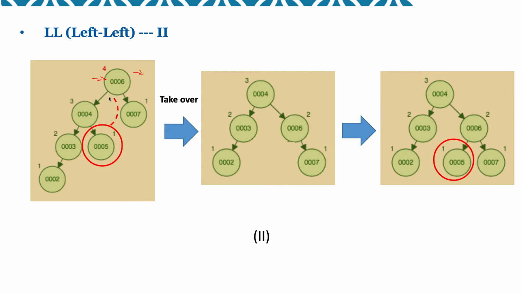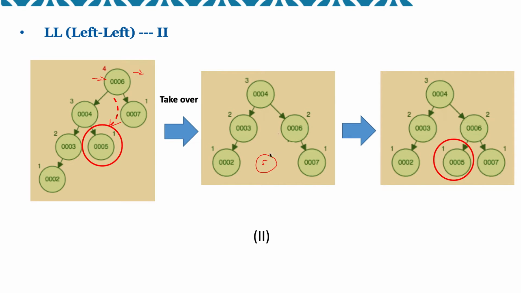The number 6 node should move to the number 5 node's position and take it over. The number 5 node has no position to go, so it will attach to the left part of the 6th node.